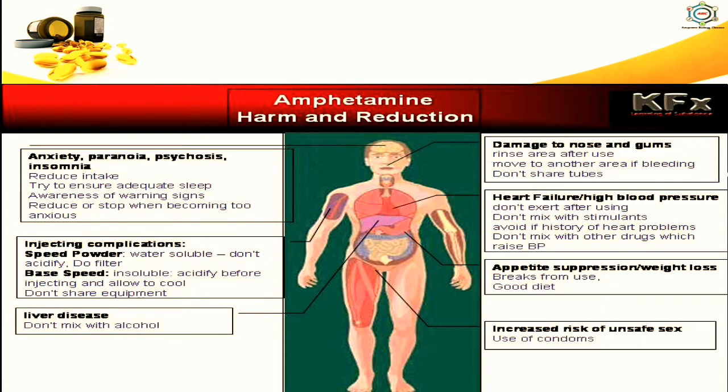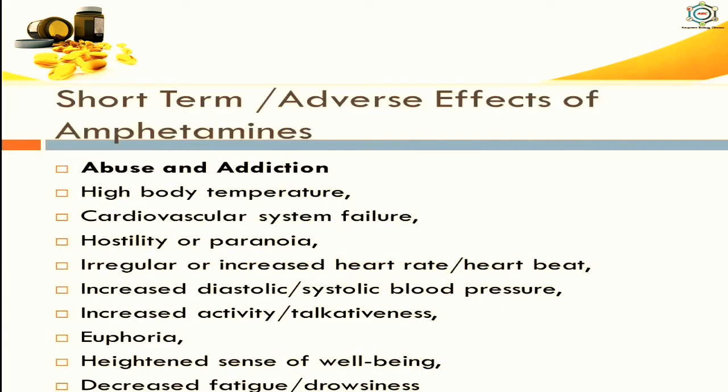Here you can see the amphetamine harms: anxiety, paranoia, psychosis, insomnia, injecting complications, speed powder, base speed, liver disease, damage to nose and gums, heart failure, high blood pressure, appetite suppression, weight loss, increased risk of unsafe sex.